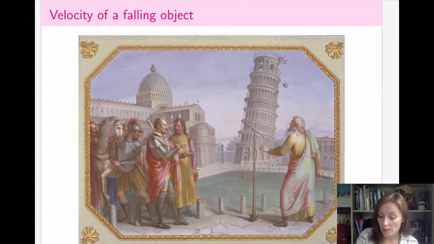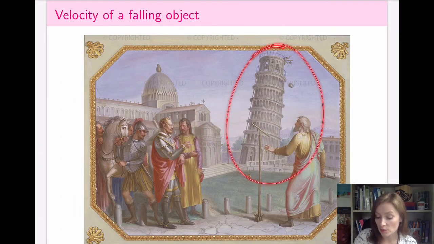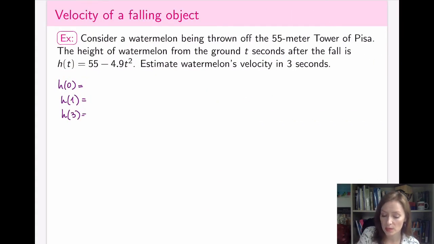So based on my intuition here, right before you threw it off, the watermelon is still up here. The height of the tower is 55 meters, so I expect the number to be 55. Let's see if that's what happens. If I plug in 0 into this formula, in for t, this entire term goes away. I only have 55 left. Perfect. That confirms my intuition.